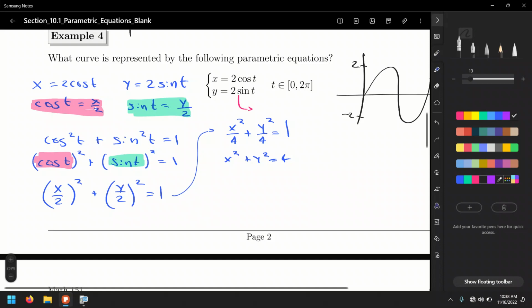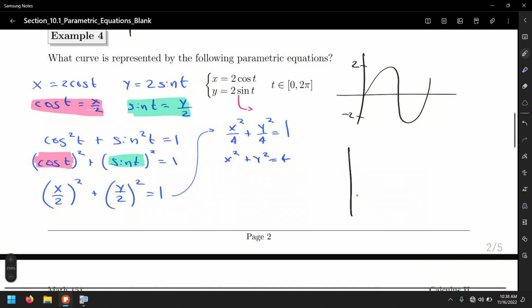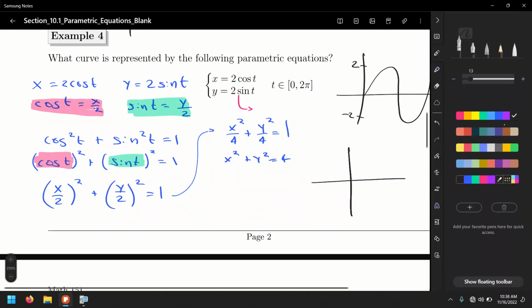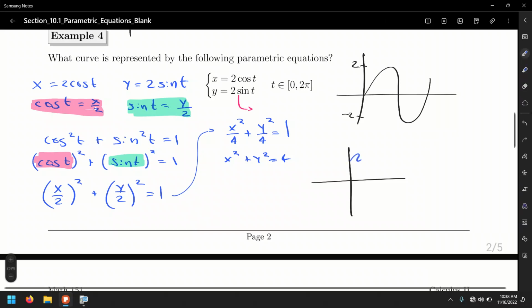That's a big connection, right? So this will be a circle not of radius 1. It's not the unit circle anymore. It's a circle of radius 2, negative 2 to 2, negative 2 to 2. Now, without graphing this using the graphing calculator, which direction is this going to take? Is it going to take the clockwise direction or the counterclockwise direction?